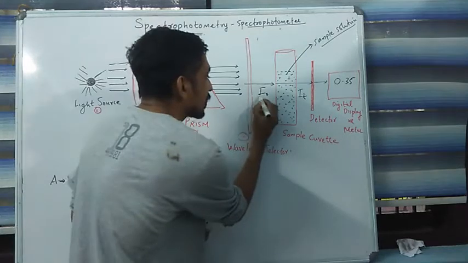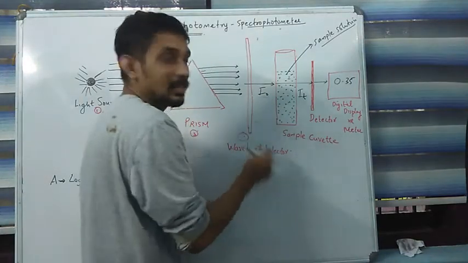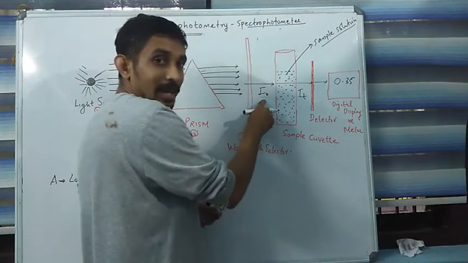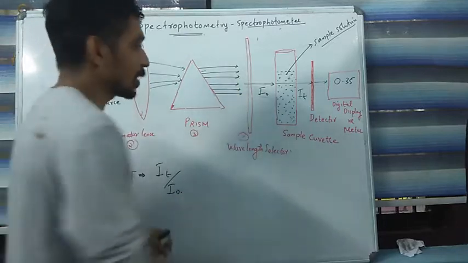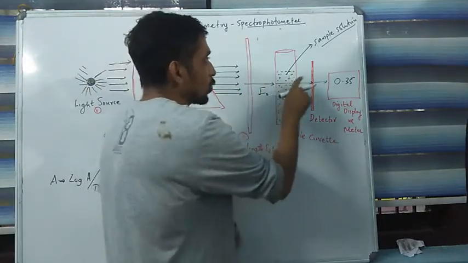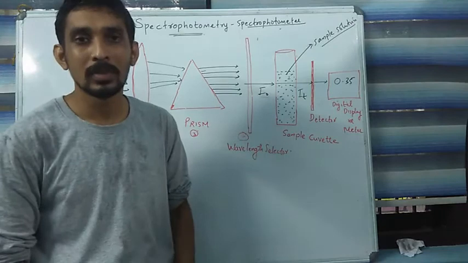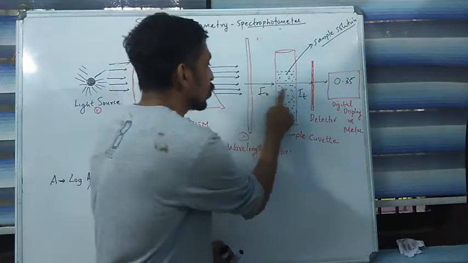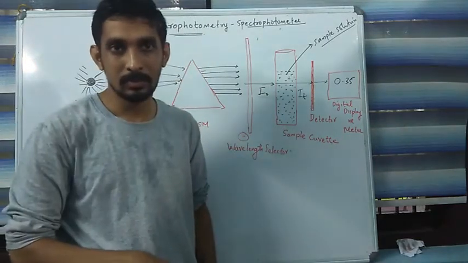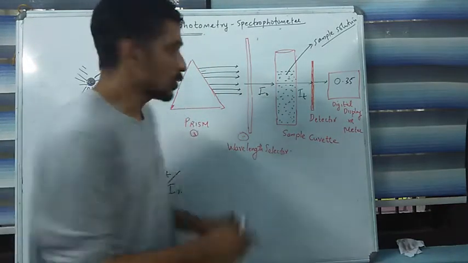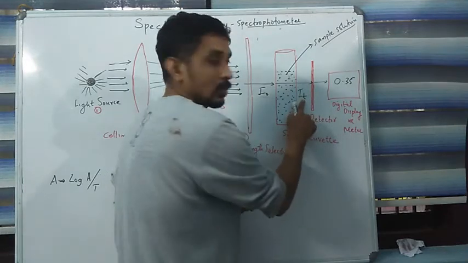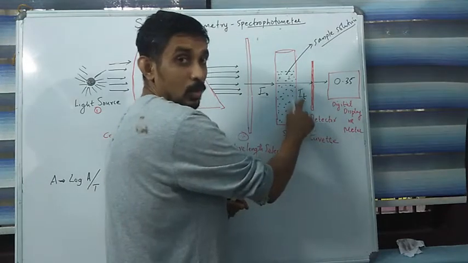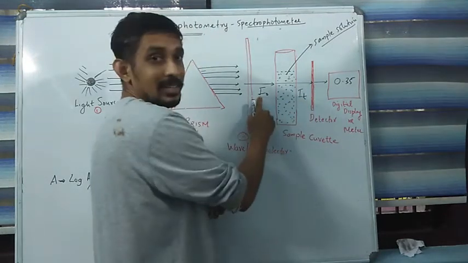That light is called the incident light, I0. As this incident light moves through the sample solution, the material to be tested will absorb it. So the resultant transmitted light is normally lesser than the incident light.